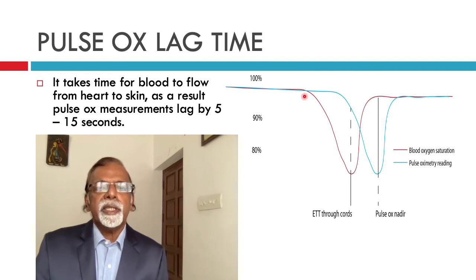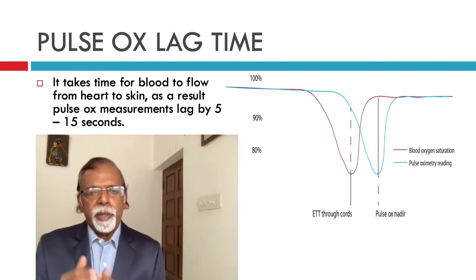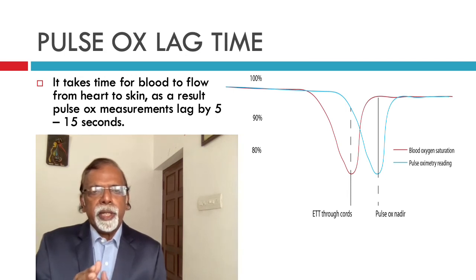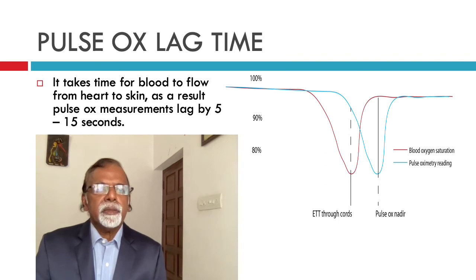But you can see here that there is a lag between the rise in PaO2 and the rise in the SpO2. That is why, even once a patient is revived from an arrest, the SpO2 may tend to fall for some more time. A few seconds this may last.